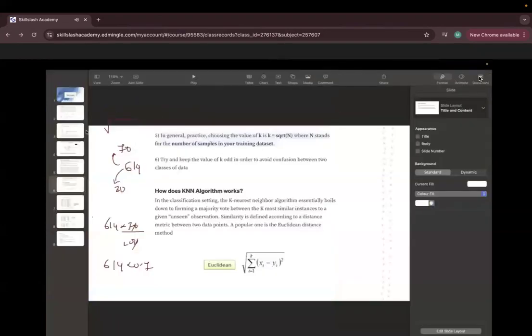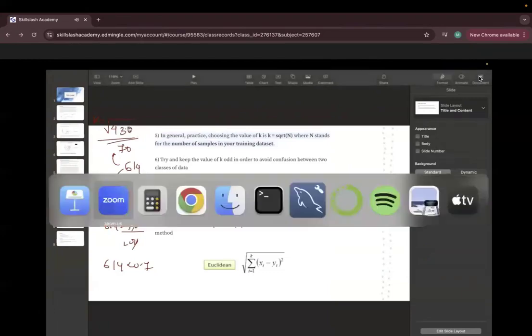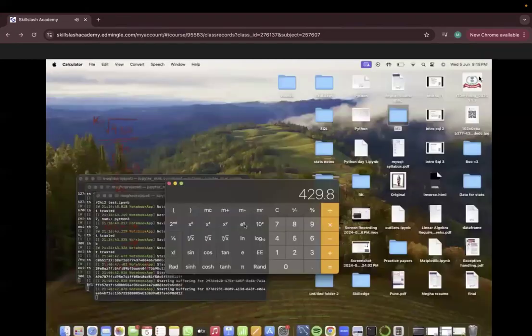So if I take the root of this, root over 430, what is going to be the value of k then? k equals the number of entries present in the training data set, that is 430 entries for us. Root over 430 entries. Let's pick that in the calculator.